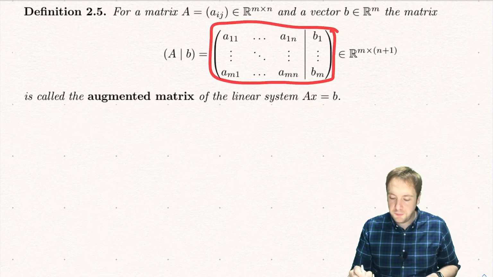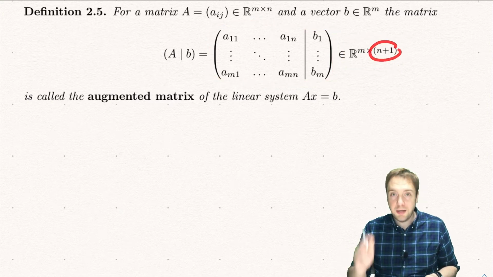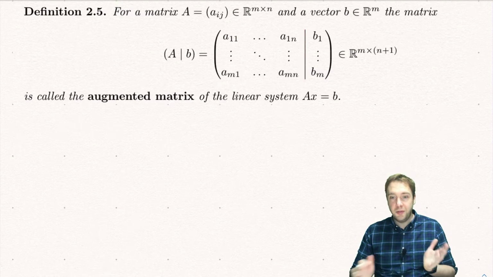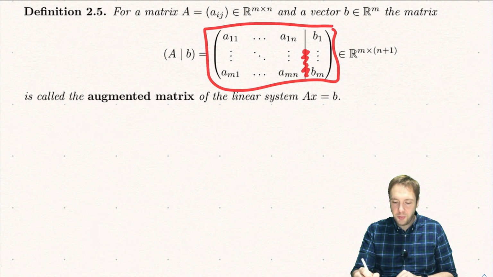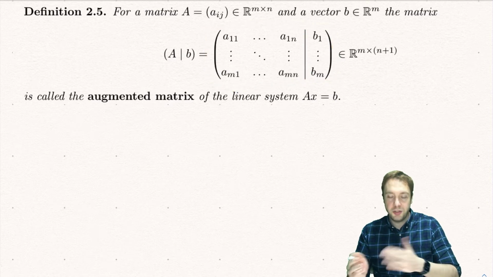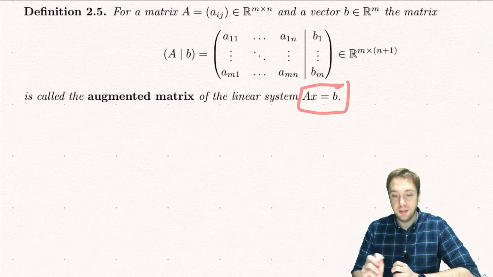And this itself is also just a matrix of size m times n plus 1, because we added one column. And this line here doesn't really have any real meaning. This is really just a usual matrix where we didn't define what this line means, but it just helps to indicate which part is the left-hand side and the right-hand side of this original linear system.